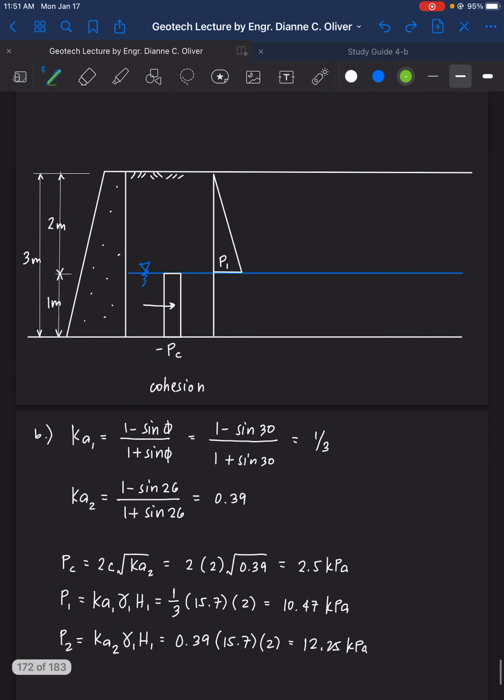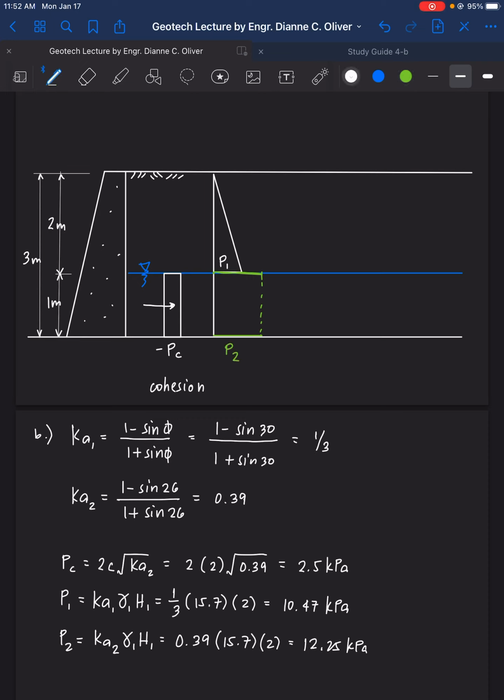Therefore, if we draw that here, so this is our P sub 2.